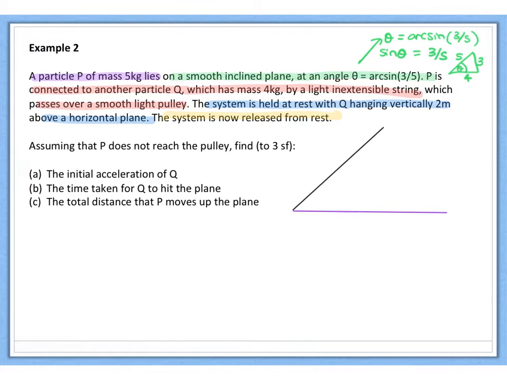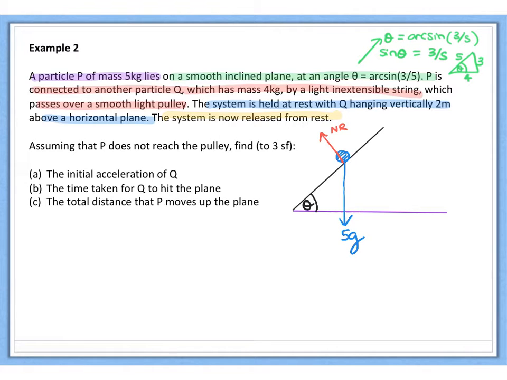Now, I'm going to put in particle P, which has a mass of 5 kilograms. Now remember, let's draw in the weight. It's a nice, long, clear force like that, 5g. Let's draw in our angle theta. And let's draw in the normal reaction like that, perpendicular to the plane.